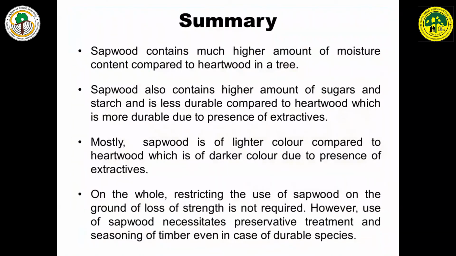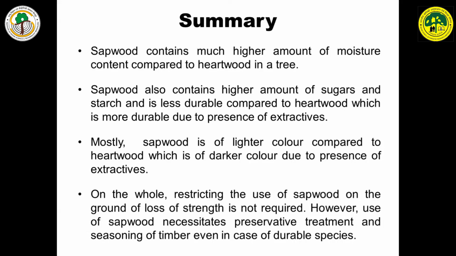So we can see, as a summary, that sapwood contains a much higher amount of moisture compared to heartwood in most of the trees. So when we want to season, seasoning of the sapwood is much easier compared to heartwood, because the permeability of the sapwood is also better, and the movement of the moisture is better in the case of sapwood.